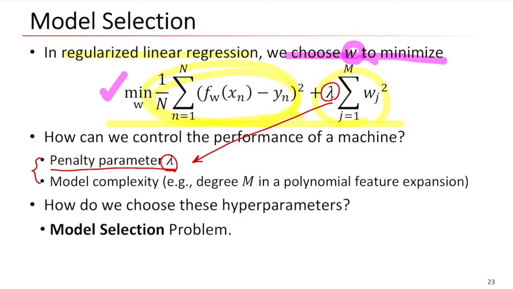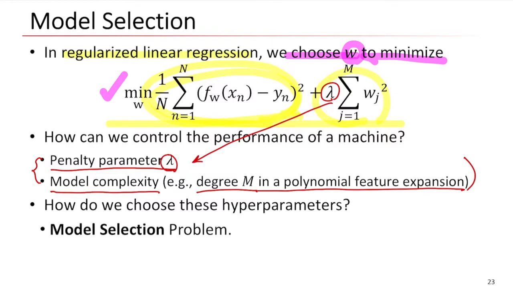Or we can adjust the model complexity, for example the degree of the polynomial features or other model complexity. So there are two kinds of things we can do.